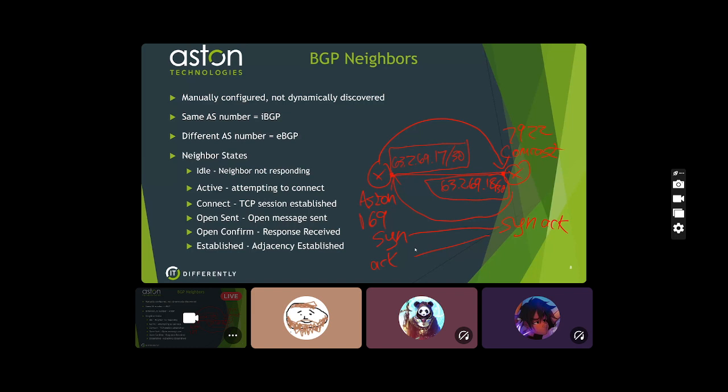The other reasoning for that is if we had a condition known as flapping, so a neighbor relationship was going up, down, up, down, because there was some problem, bad cable, whatever. Do we want to be spamming update messages to the service providers and the rest of the routing table of the internet? No, nothing would get done. The whole world would just be flooded with update traffic and no actual traffic would occur.